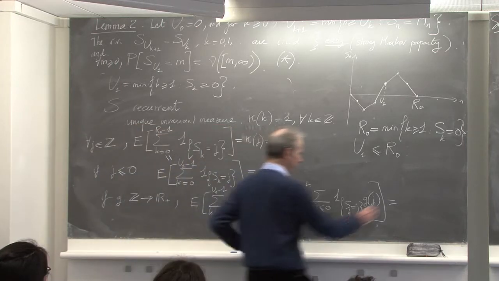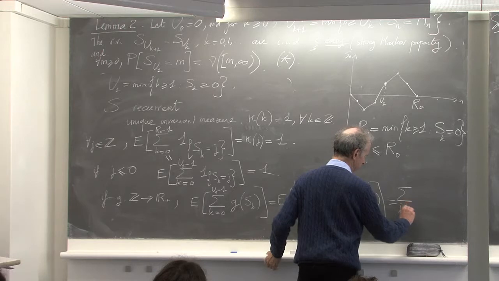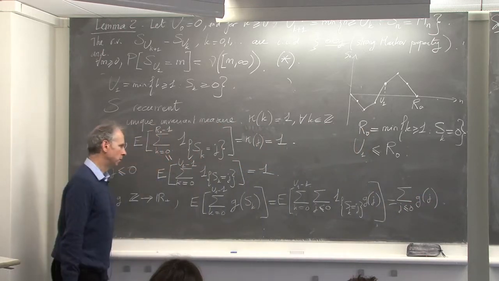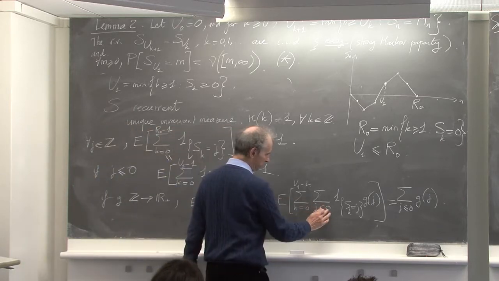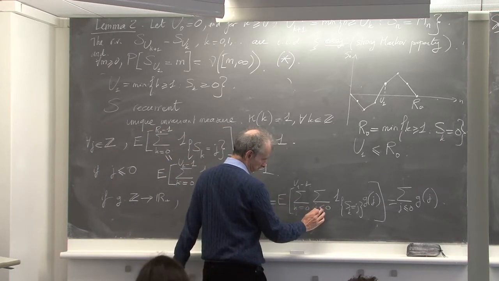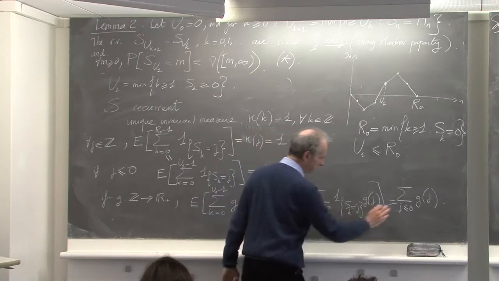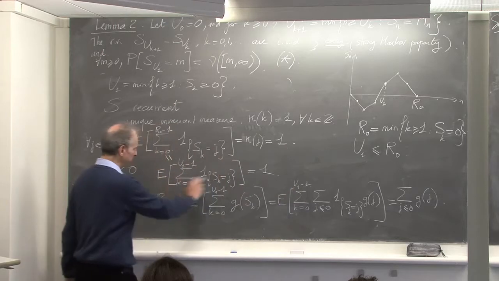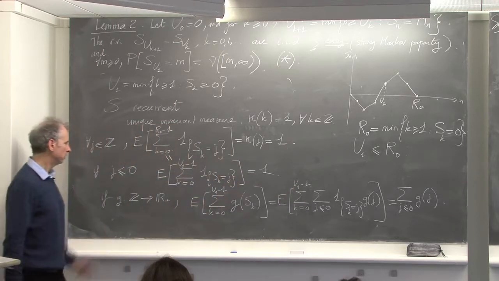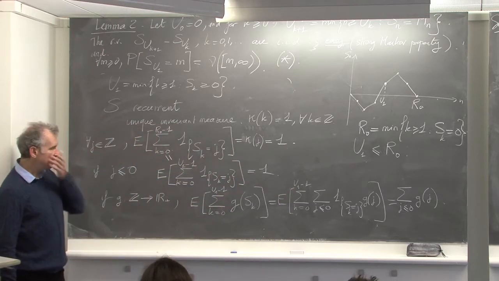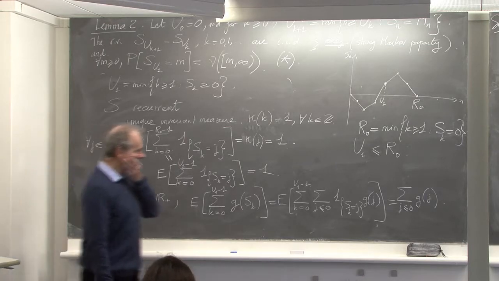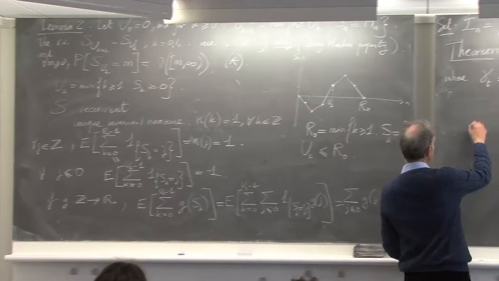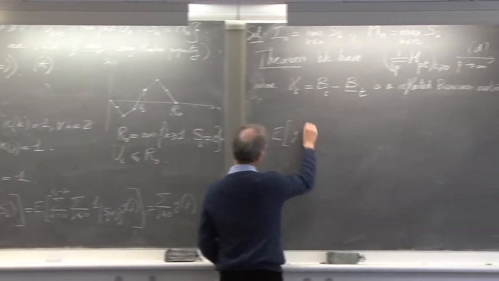I get the sum over j negative of g of j, times the expected value I'm considering here, which is equal to 1. All this is quite elementary. So now, what do we do? We try to compute the expected value of a function g of S at U1.